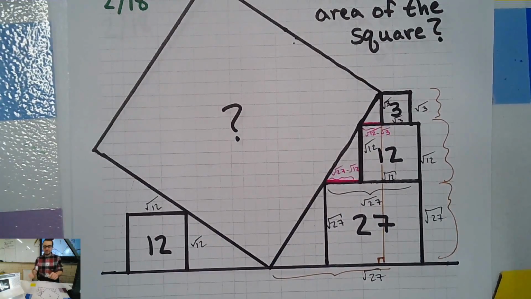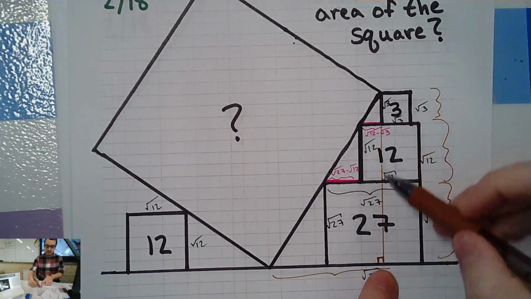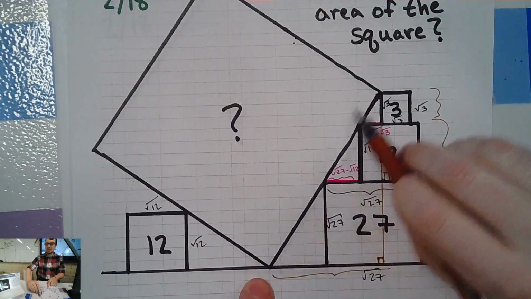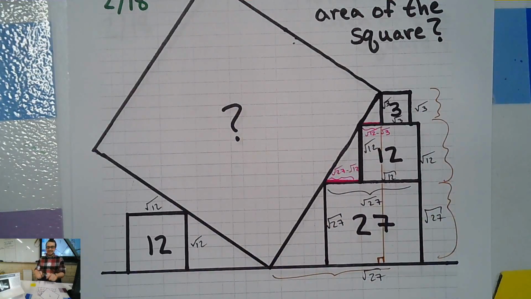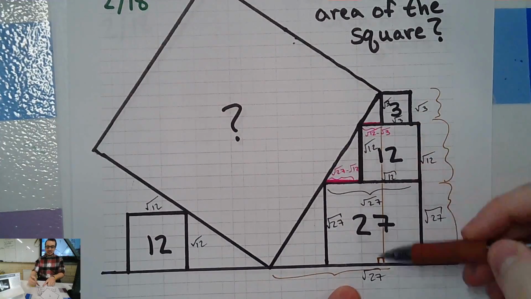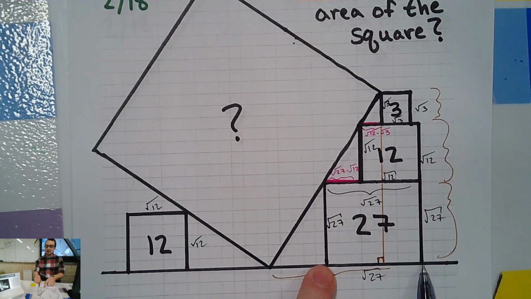All right. So we've got this. If we figure out the bottom, we get this for free. So we've got this right here. We know this whole thing is root 27, right? We've got to figure out this bit.